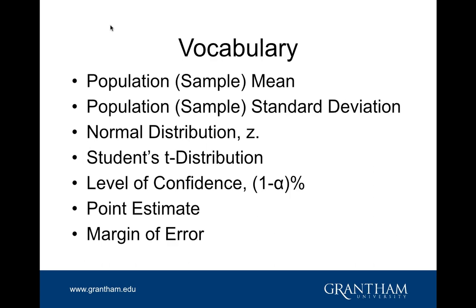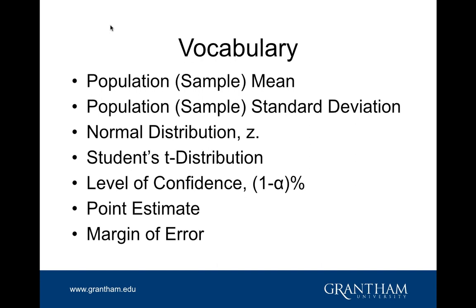Now, there's some vocabulary that I'll be using in today's webinar, including the mean and the standard deviation. Notice that I will be talking about 2 different means, the population mean as well as the sample mean. The same goes for the standard deviation. We're going to talk about the normal distribution curve, which is also called the Z-curve.